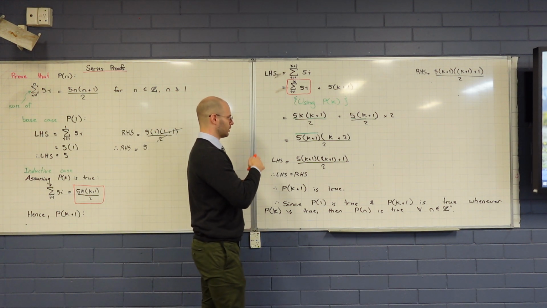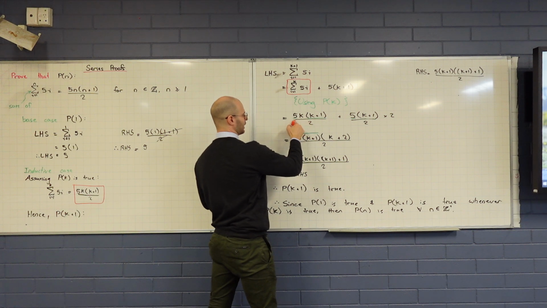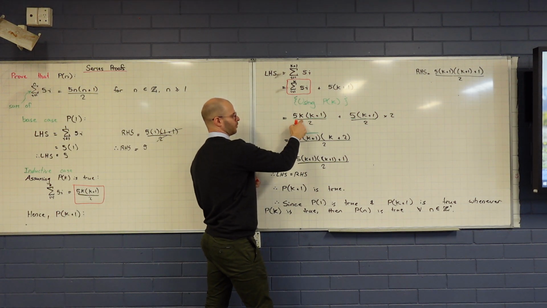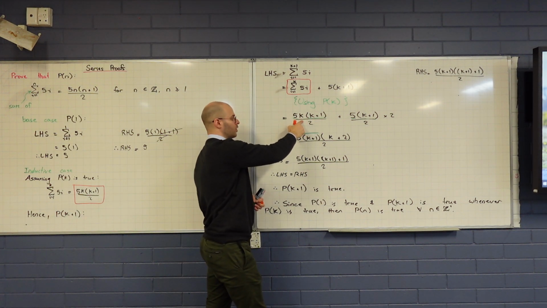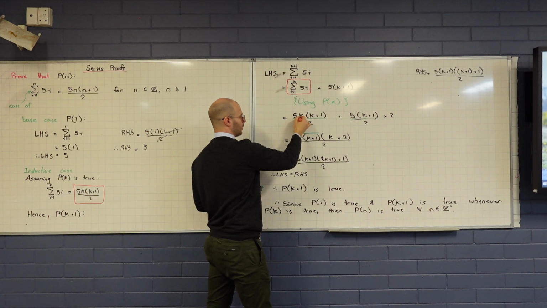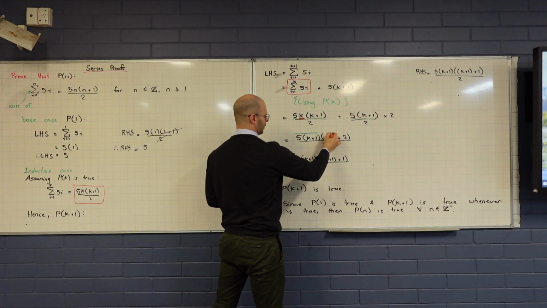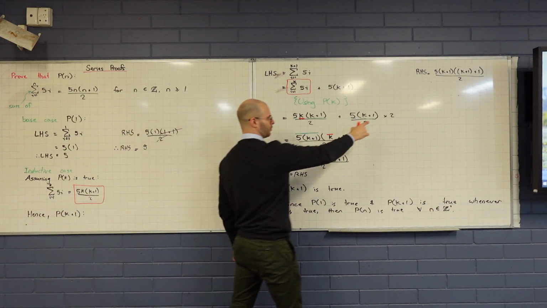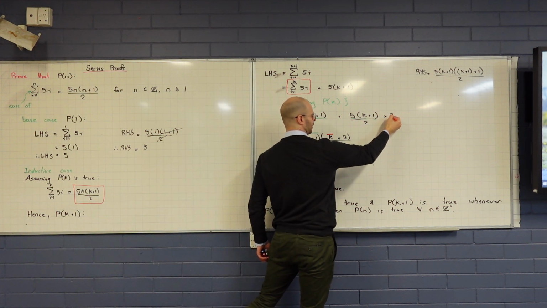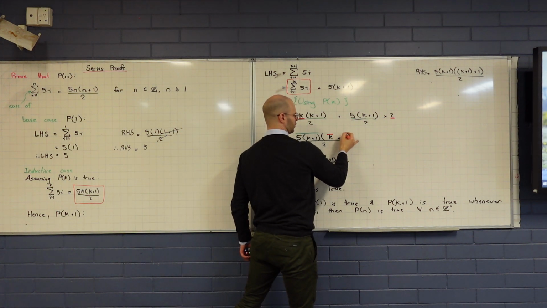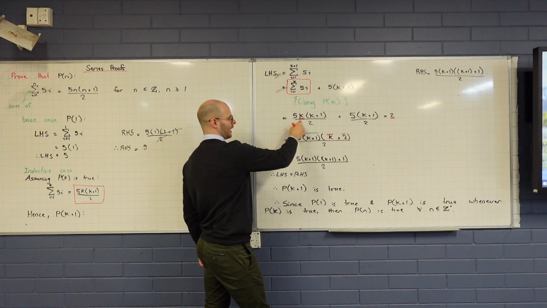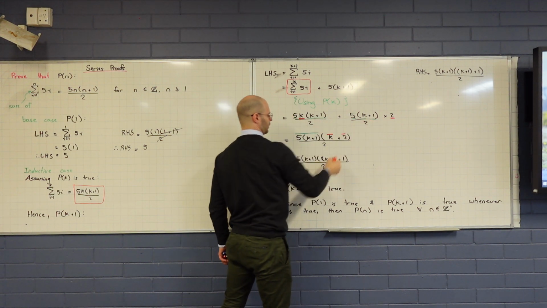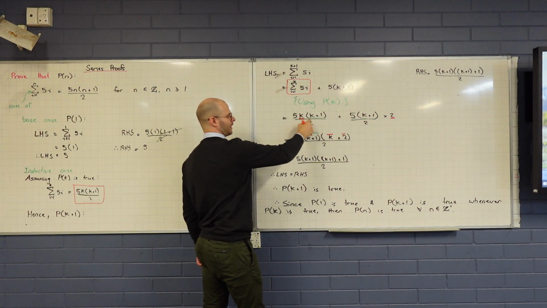Okay, when I take the 5(k+1) away from this term over here, what do I leave behind? The k. Yeah. And then what do I leave behind here? The 2. So it's a k plus 2. We took away the 5(k+1).